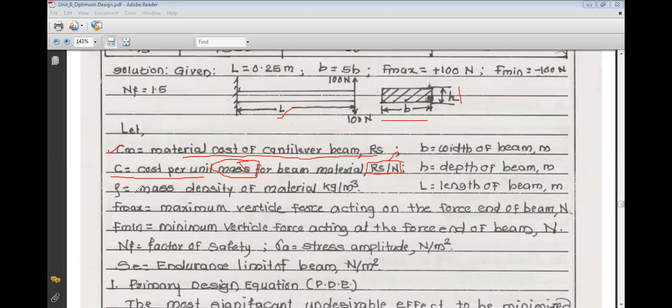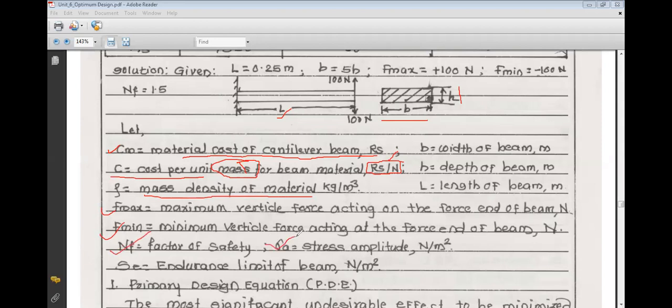Now rho is the mass density of the material, in kg per meter cube. Then F max is the maximum vertical force acting on the beam, and F min is the minimum vertical force acting on the beam. Then Nf is the factor of safety.